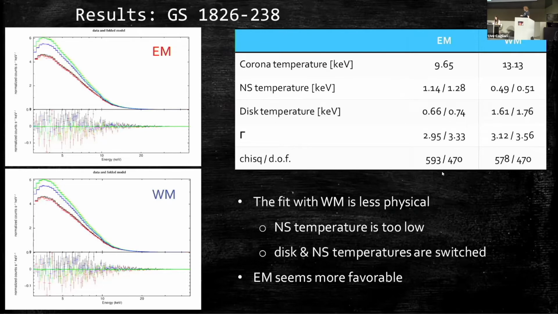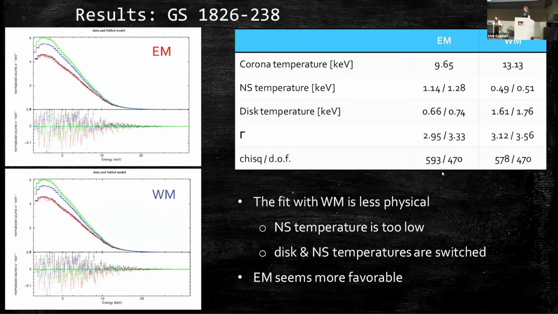You can see that the fit with the Western model is a bit less physical, because we obtain that the disk temperature is way higher than the neutron star temperature, which we expect to be the other way around. And also the neutron star temperature is way too low.